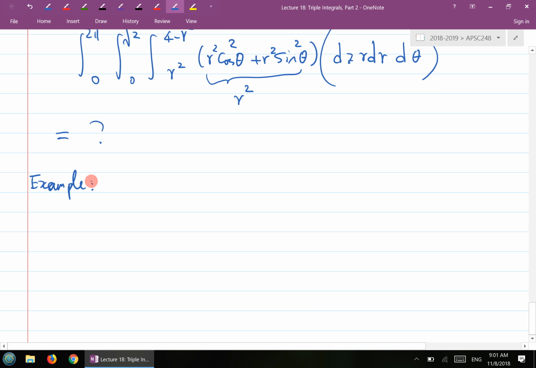Very good thinking. This time, I'll deal with a cone. The region D is a cone right here.